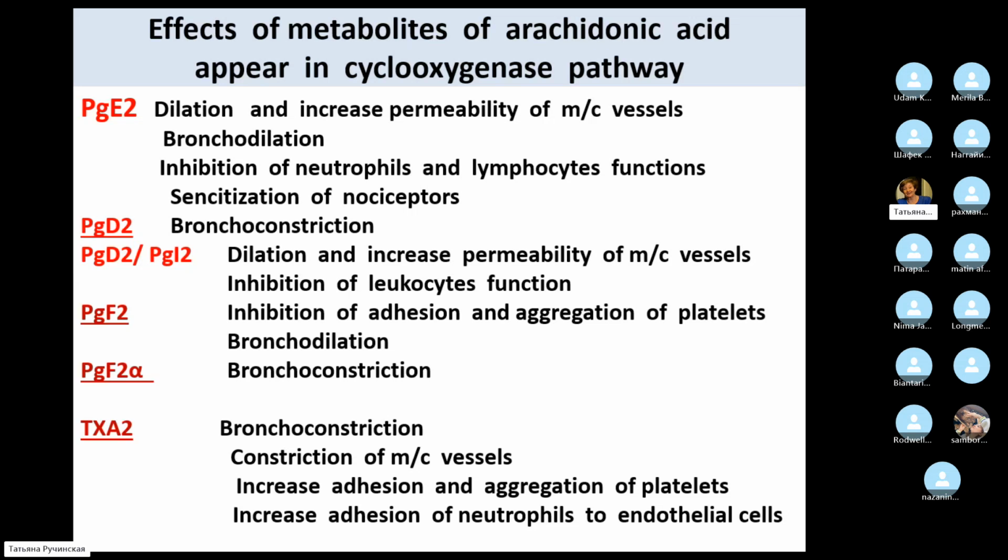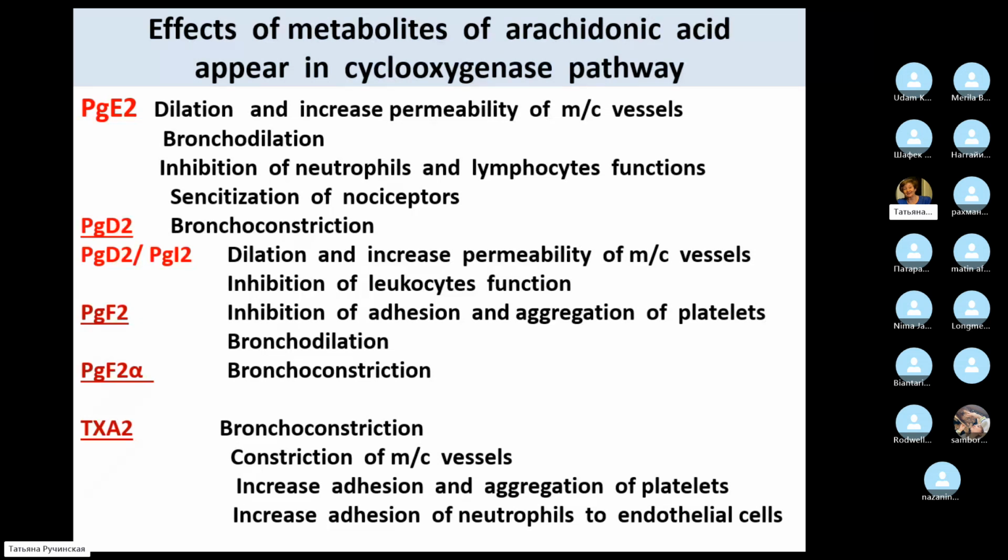Now, as for thromboxane, this will cause bronchoconstriction, and it will decrease the lumen of all vessels, arterioles and venules, and it will lead to increased adhesion and aggregation of platelets.